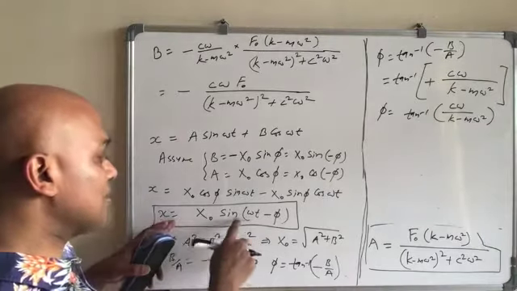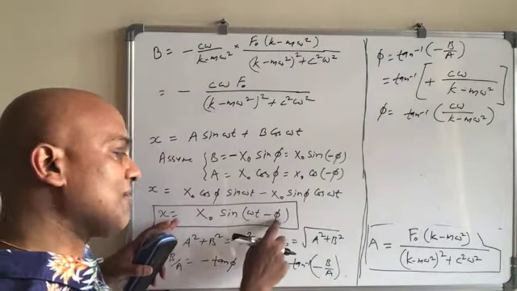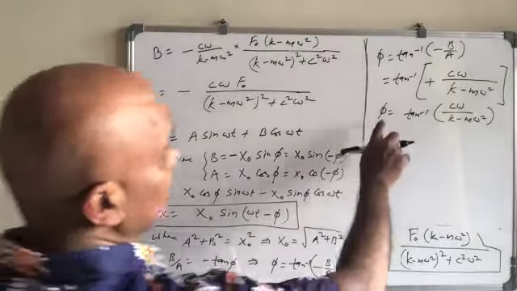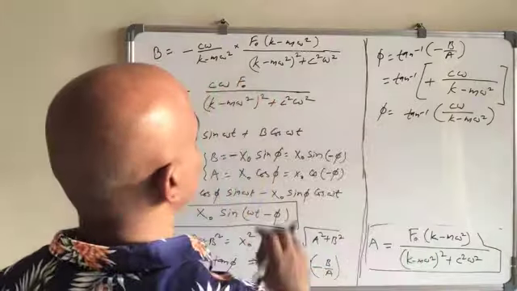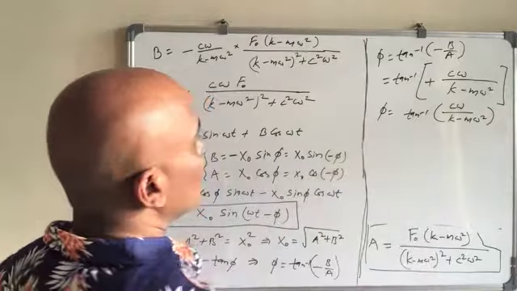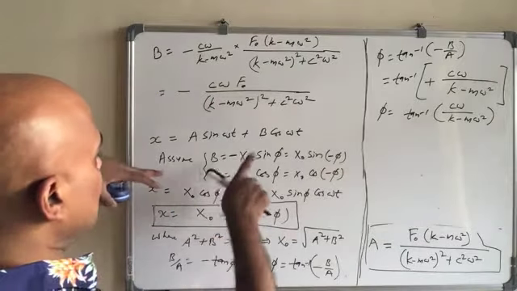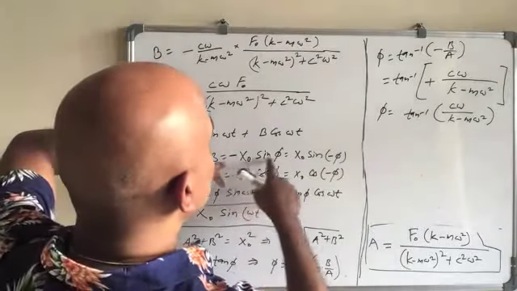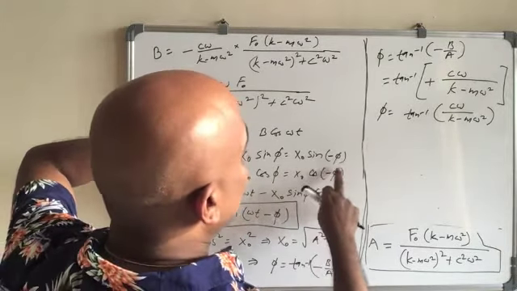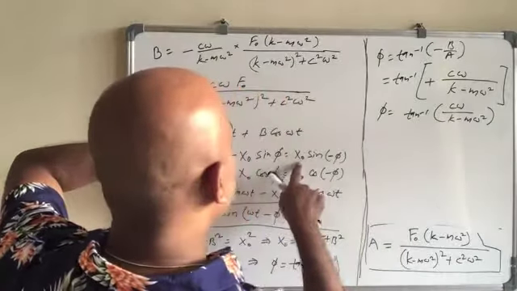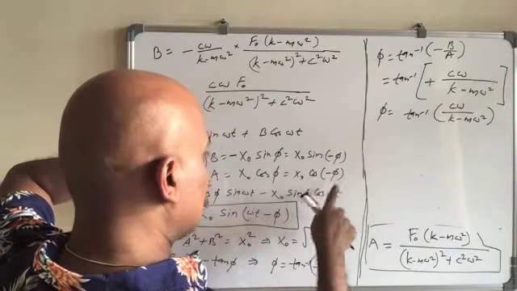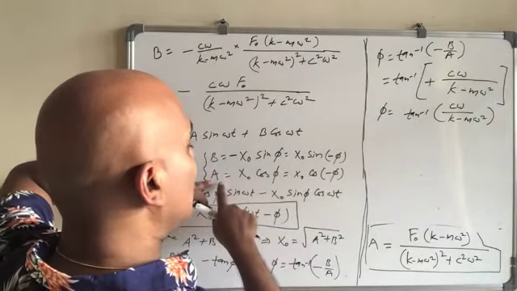Now, phi is given like this, so what is x naught? We have to find out x naught. If sine phi is like this one, from this we can also find out the other value, like it says b equals this one. That really means if we find out sine phi, we will be able to find out the value of x naught, or if we find out cos phi, we will get the value of a.